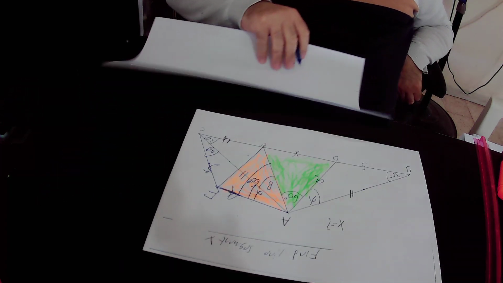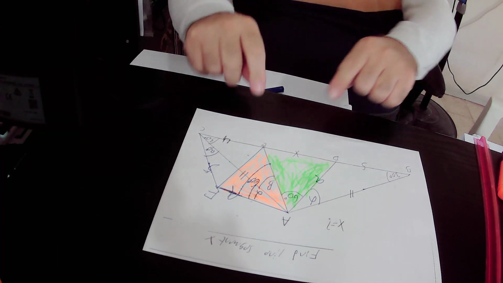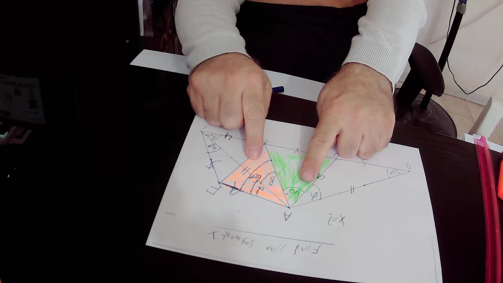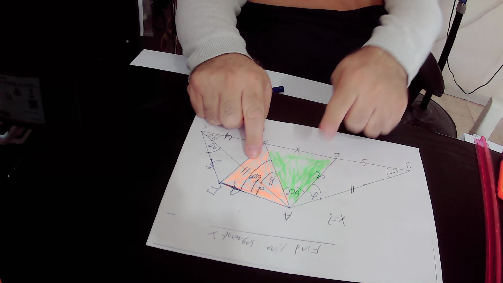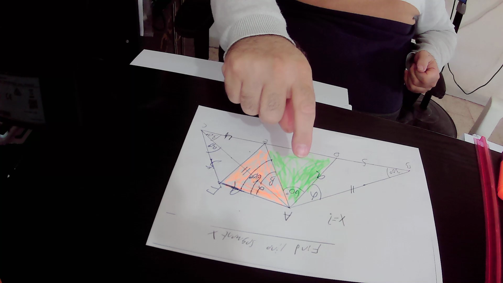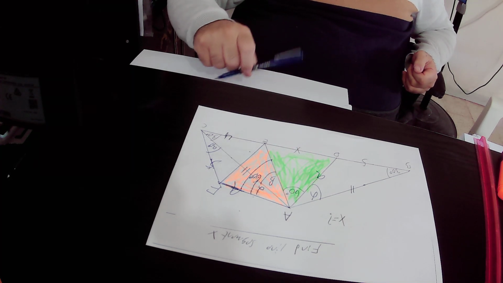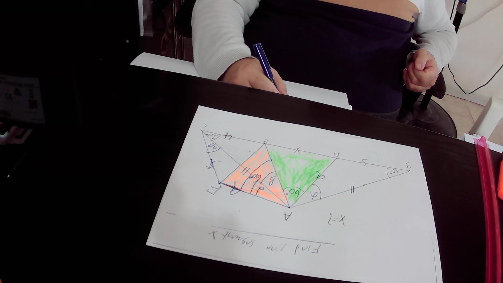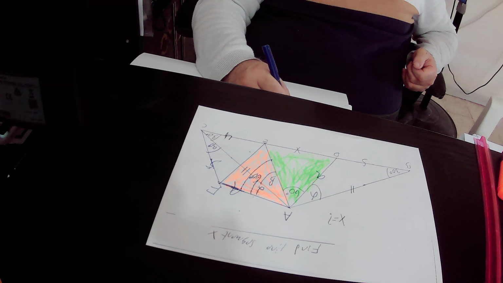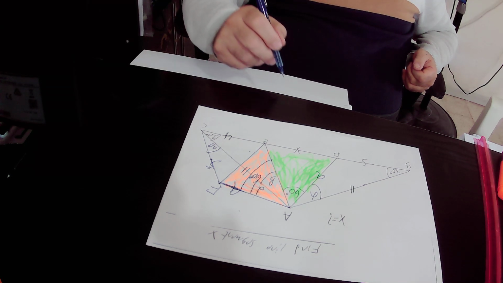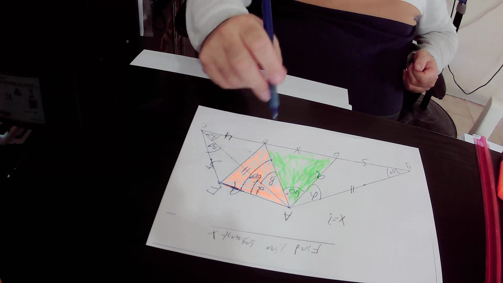In addition, those two angles, they are both equal to 60 degrees, therefore they are equal to each other. So angle DAE in the green triangle is equal to angle EAF in the orange triangle.